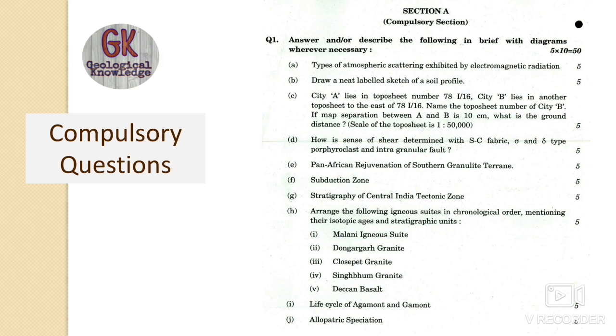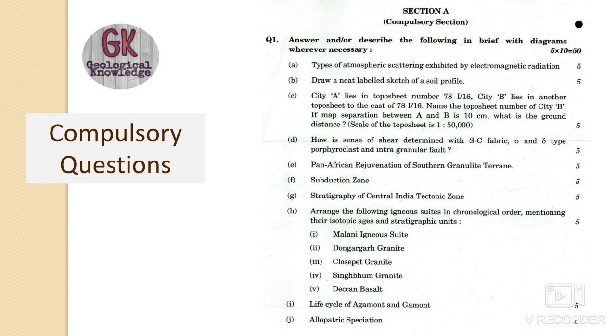If you understand the basics of topo sheets, then this is a very easy question. And if you have any problem in solving this question, you can comment in the comment section, and I will solve this question in the next video.